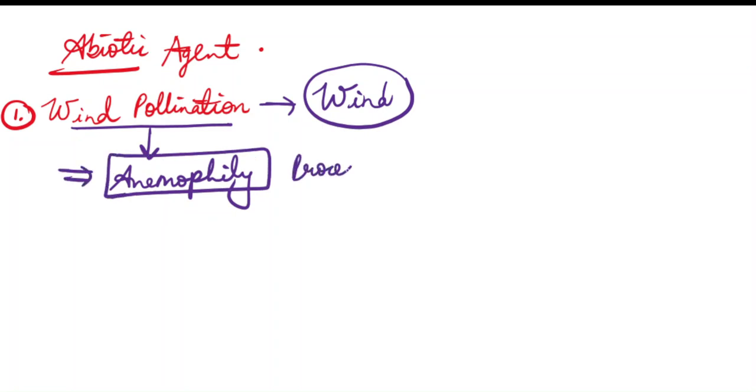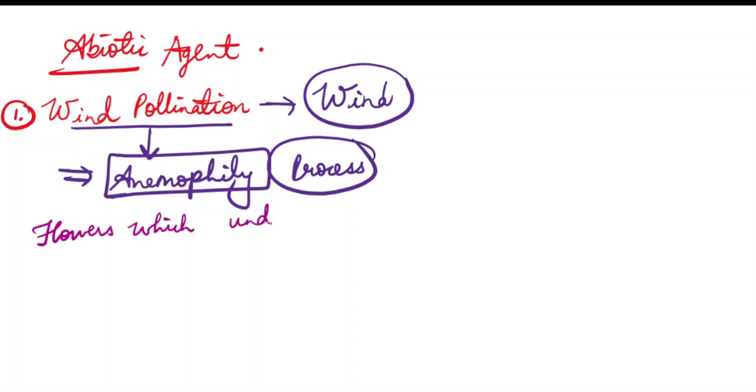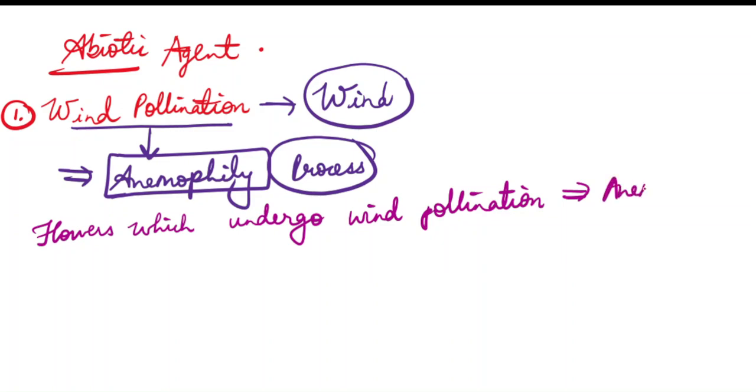This is the process. And the flowers which undergo wind pollination are known as anemophilous flowers.